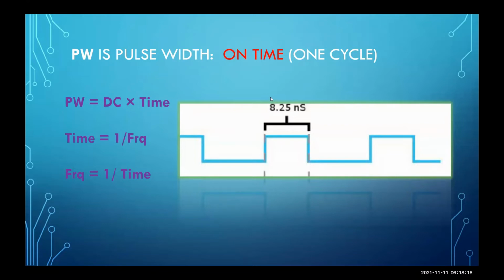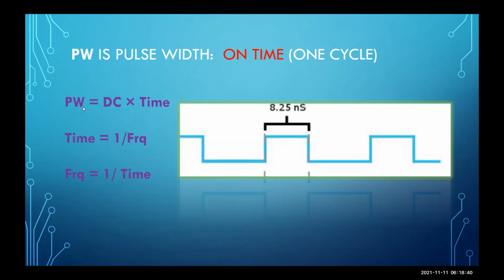You have to understand that pulse width is the on time in one cycle. We do not consider the off time. We only consider the on time. In this scenario, 8.25 nanoseconds is the on time in the PWM signal that is being generated. Now, there are ways that we can calculate the pulse width.